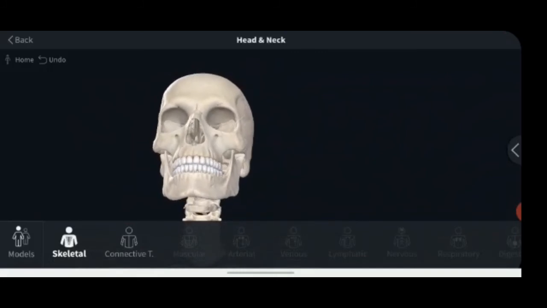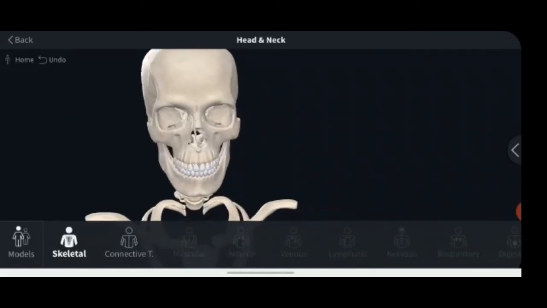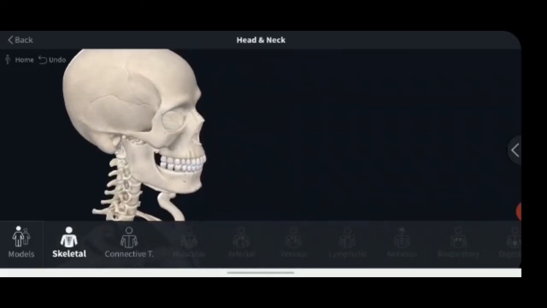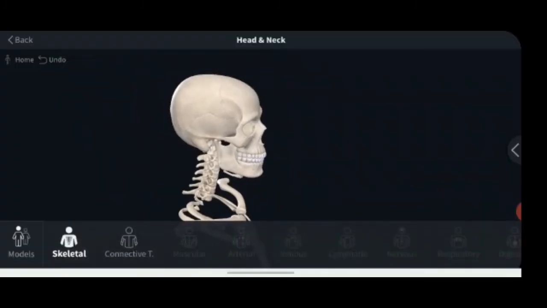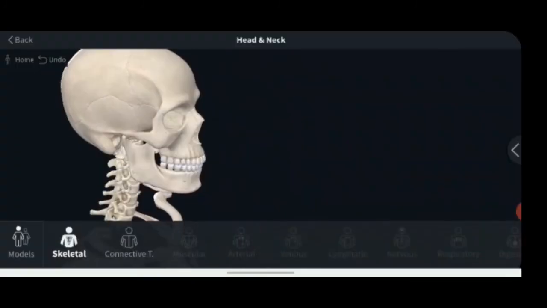The cranial cavity forms a rigid box which contains the brain, blood and CSF.